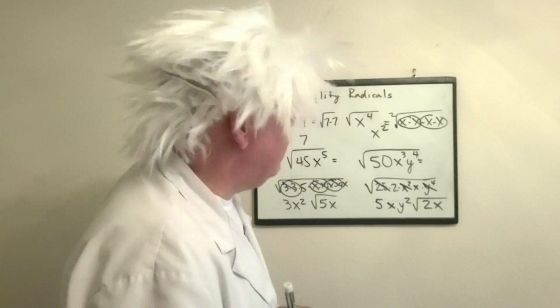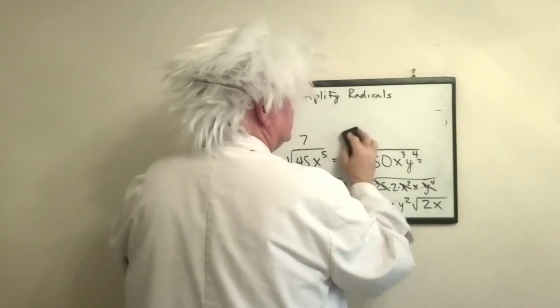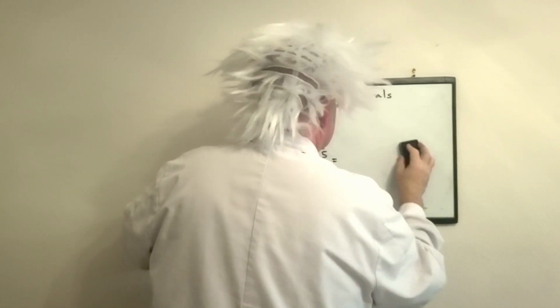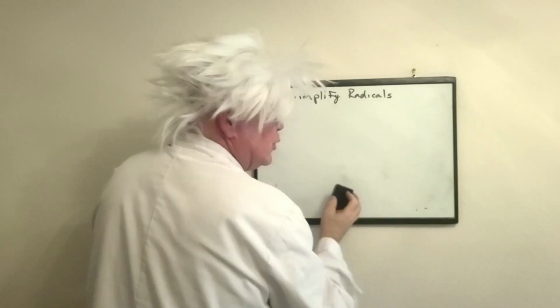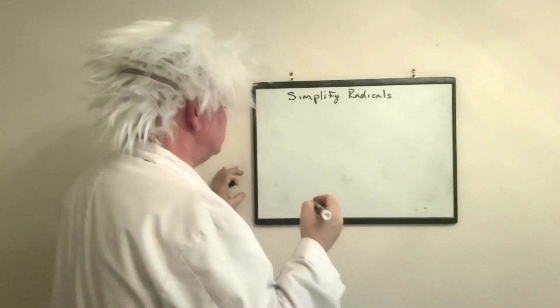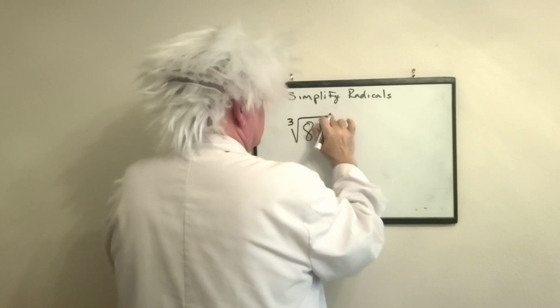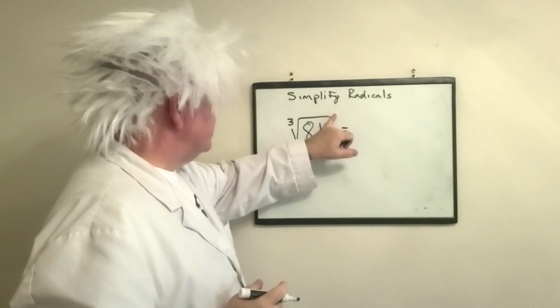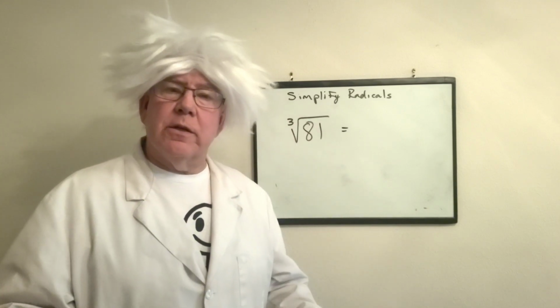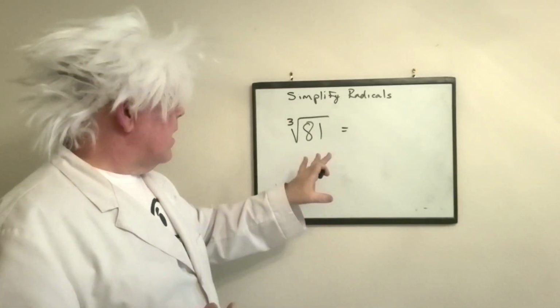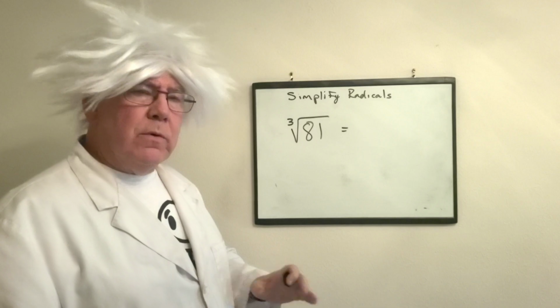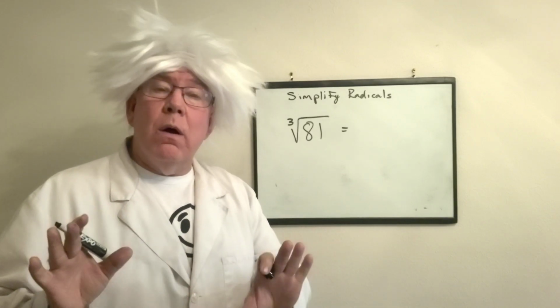But I do have one more for you, and this is to get you prepared for Algebra 2. Watch this. This is no longer the square root. This is the cube root. So we're going to look at this and say, okay, how do we do this? Now, what's inside 81? Well, 9 times 9, but we need to go smaller.